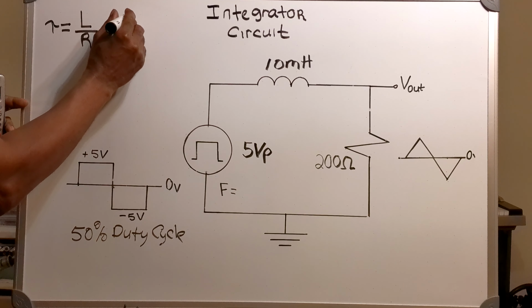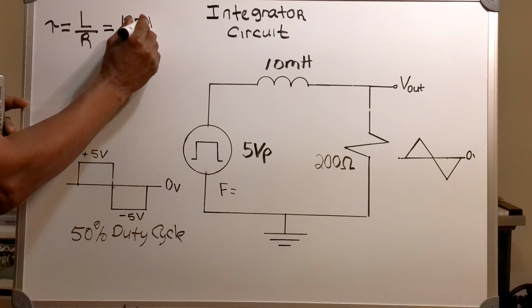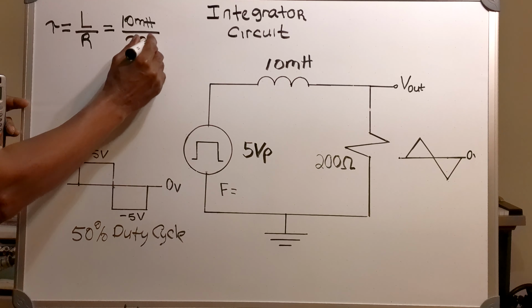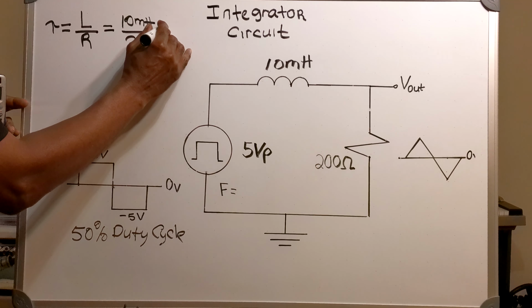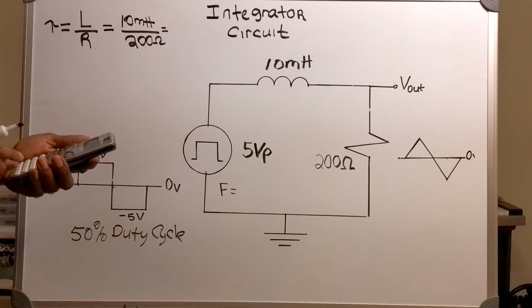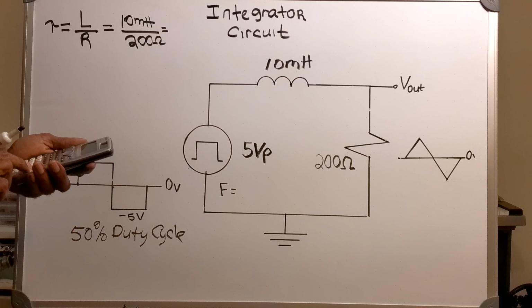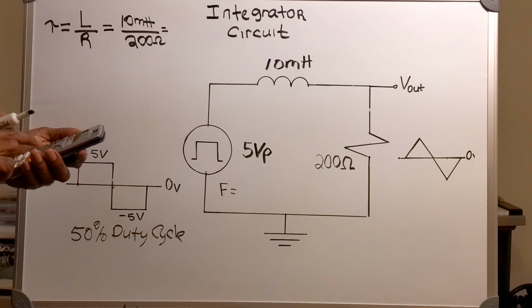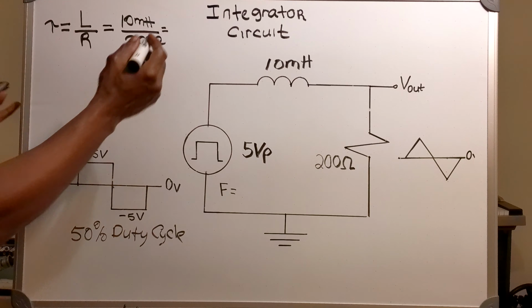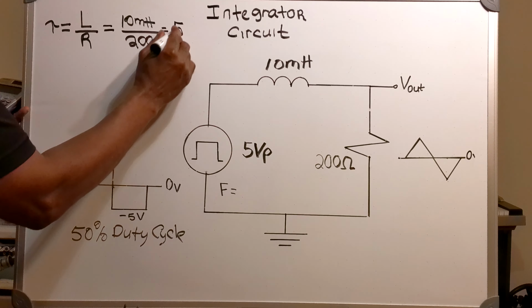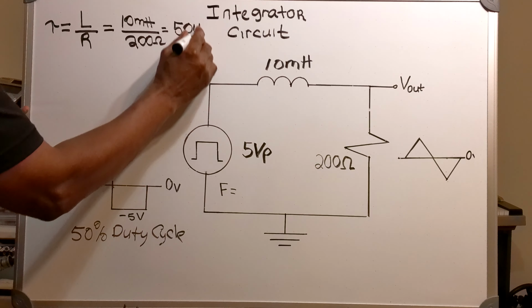And so I've got 10 millihenries over 200 ohms. And that equals 50 microseconds.